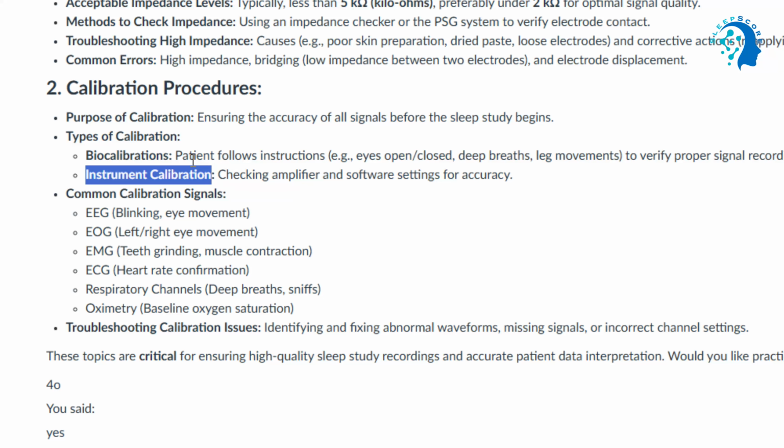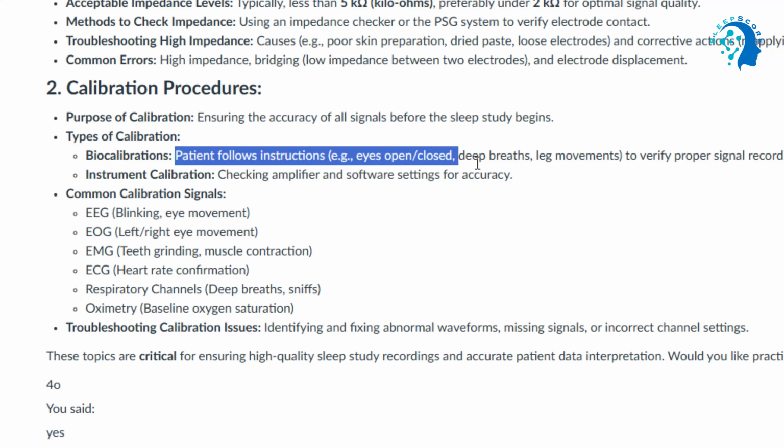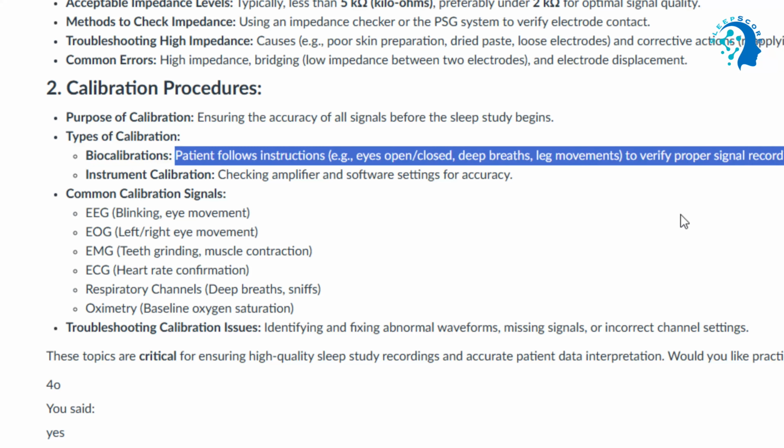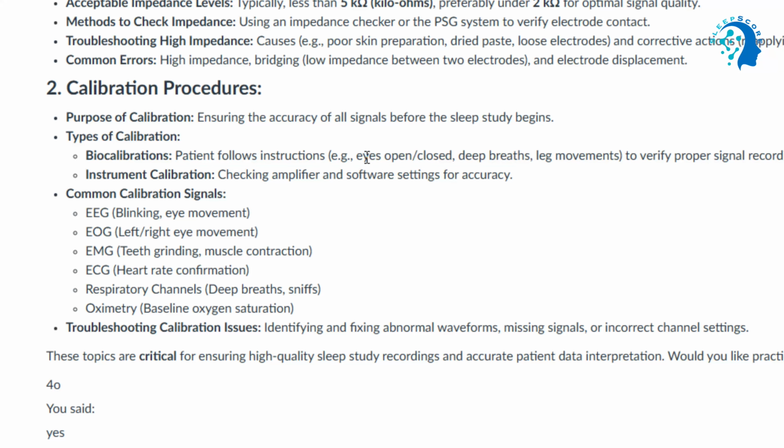Now let's check biocalibration. The patient follows the instructions that we give. There are certain types of instructions the patient will follow. For example, open your eyes and close your eyes, and next is deep breaths. Take a deep breath.